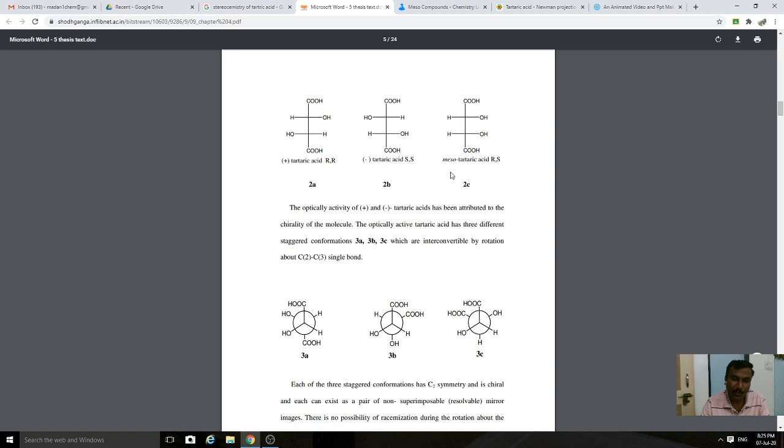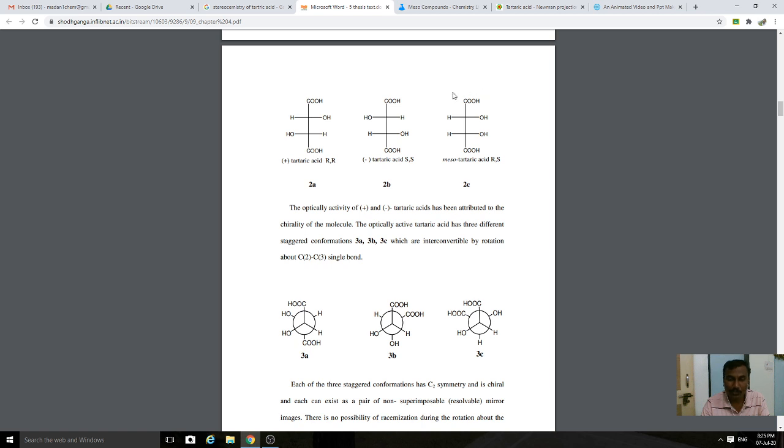But this meso form, despite having two chiral centers, is an optically inactive form because the molecule is achiral. Why is it achiral? Because this molecule possesses a plane of symmetry.